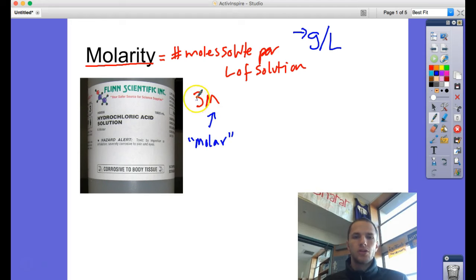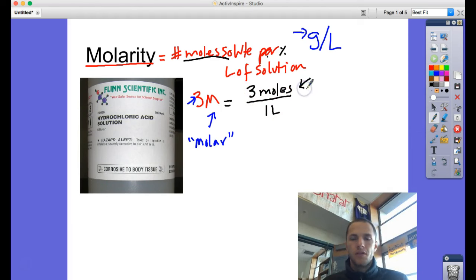So we would say the solution has a concentration of 3 molar. That means, according to our definition, there are that many moles of solute divided by liter of solution. So this is the same thing as saying I have 3 moles per 1 liter of solution.